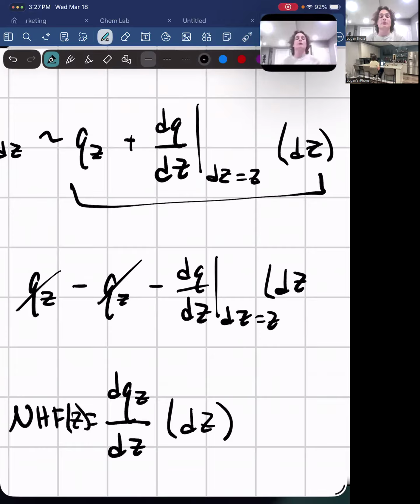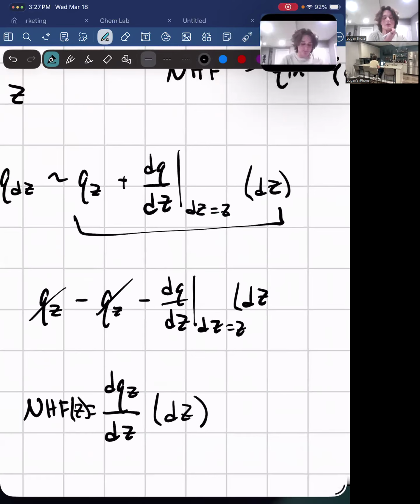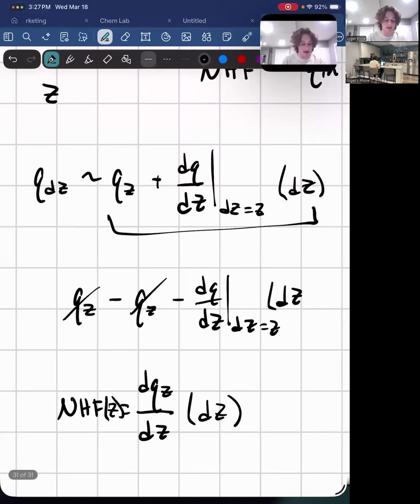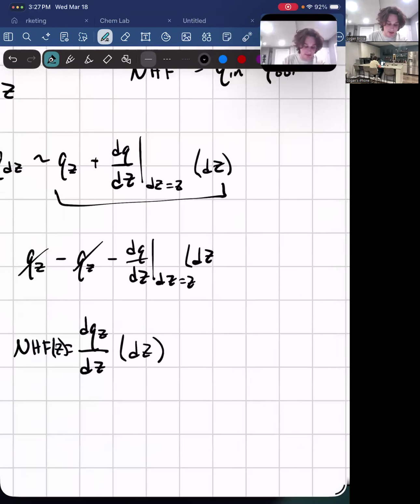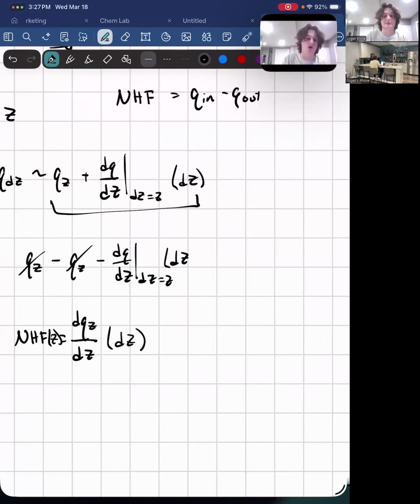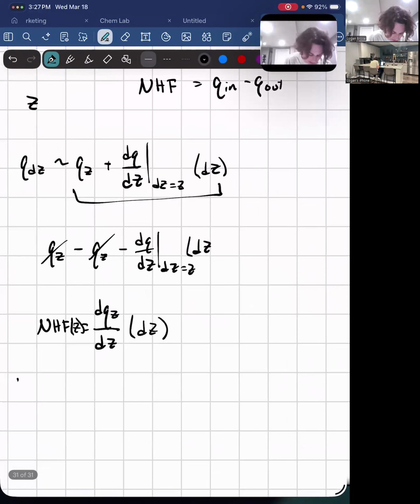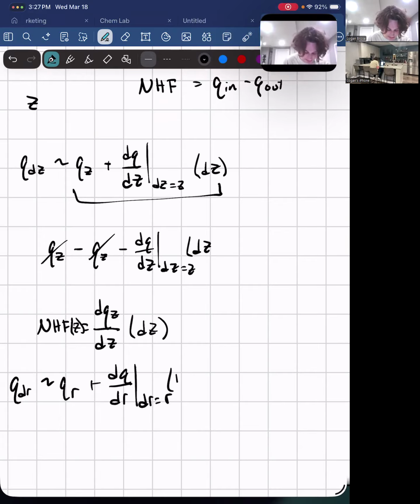And so we can repeat this process like we did for the Cartesian coordinates, and for this one here we just do the exact same principle for our r direction and our theta direction, right? So Q at r plus dr is similar to Qr plus our change in heat over our change in radius, evaluated at r, times dr. And then that follows the same principle here and then down to here.